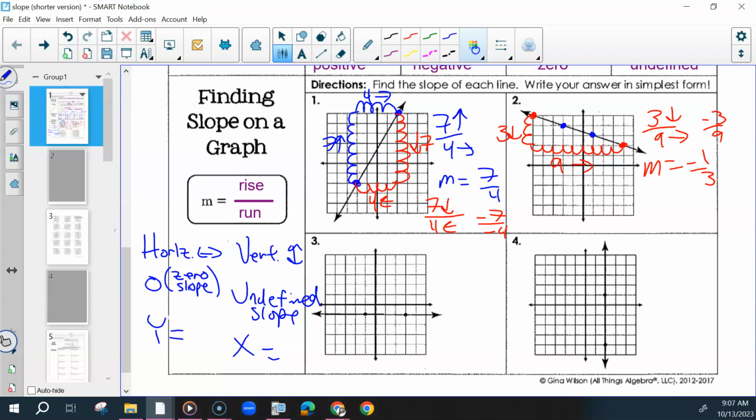Same thing would happen if you did it the other way. You would end up with the opposite signs, directions. But when you write your final answer, you want the negative either in the numerator or out front, not in the denominator. So even if you started off with the negative in the denominator, put it in the numerator or in the front. Okay. Questions on 2?